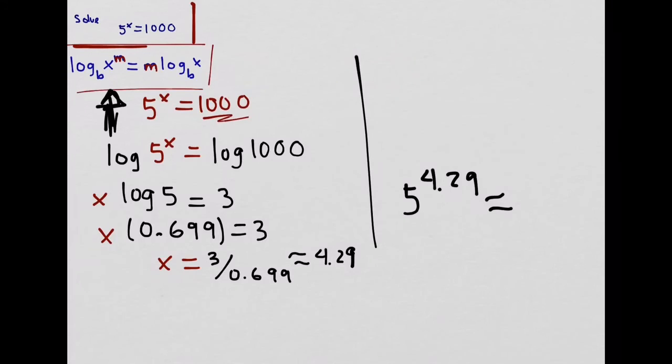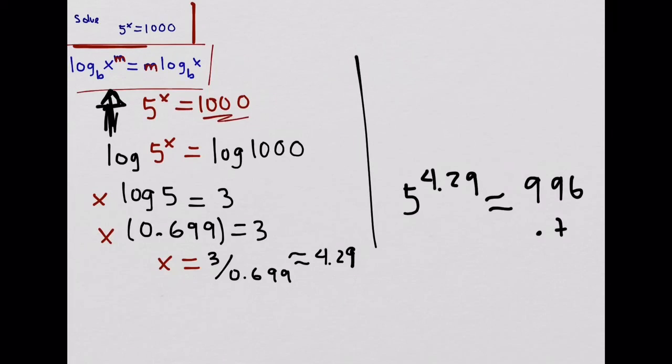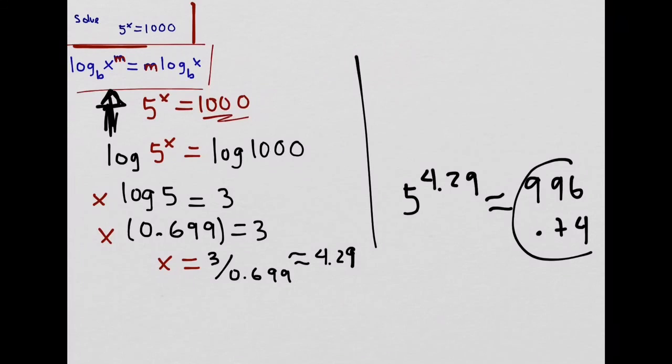I get 996.73. It's not 1,000, and that's because I rounded: log 5 was 0.69-something, and I rounded it here. So it's not going to get exactly 1,000. But this is my approximation, and this works. Okay, so I'll do more videos explaining how to use this.